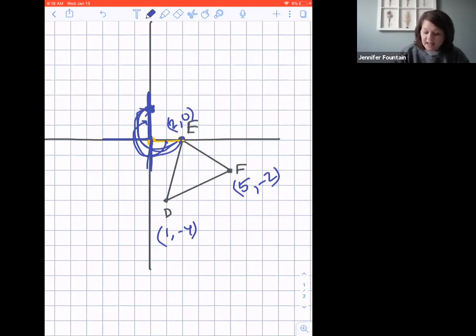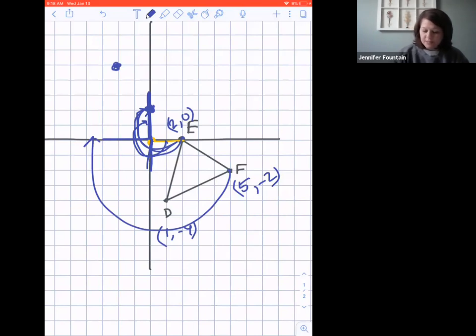Then F also rotates 270 degrees. When it rotates around, it comes around, and when it goes around 270 degrees, F ends up at 2, 5. 1, 2, 1, 2, 3, 4, 5.